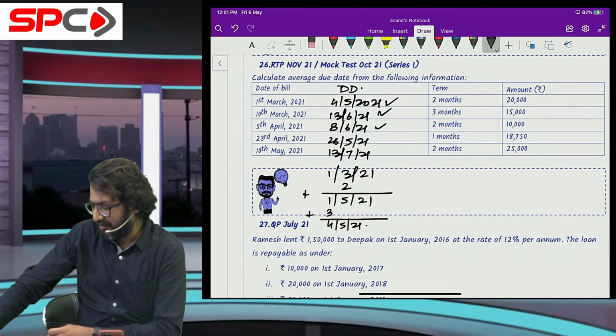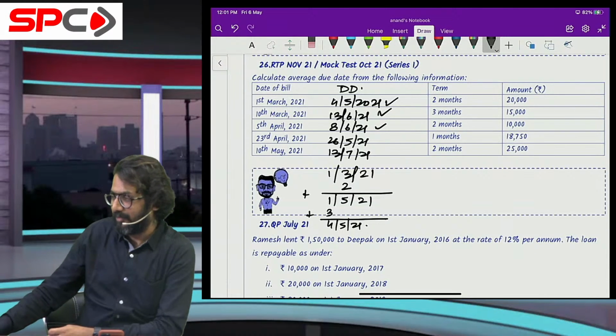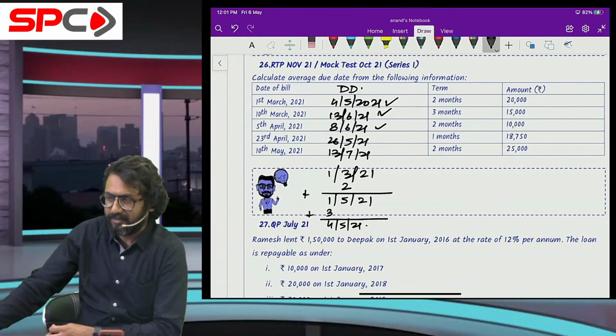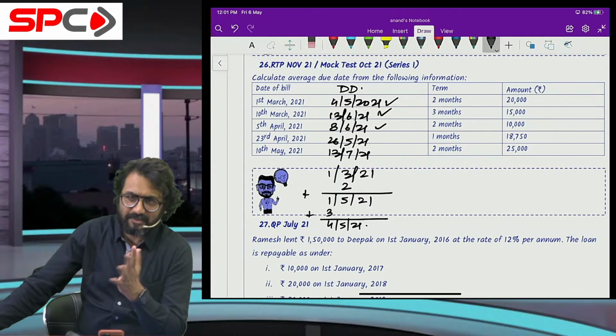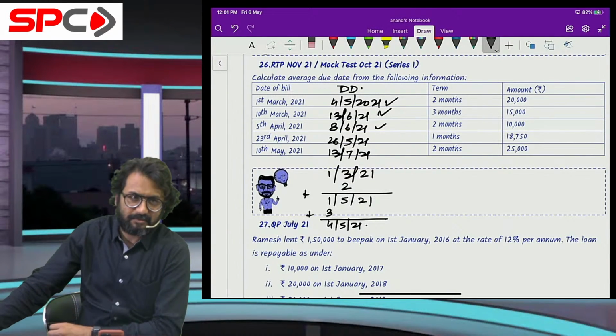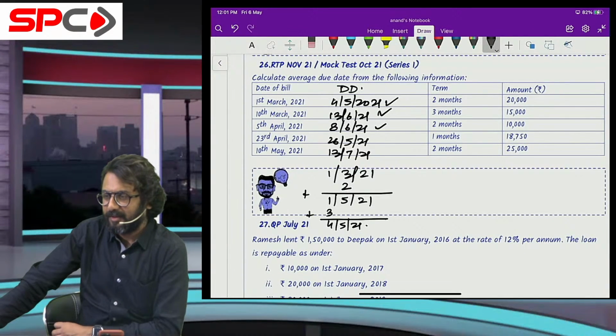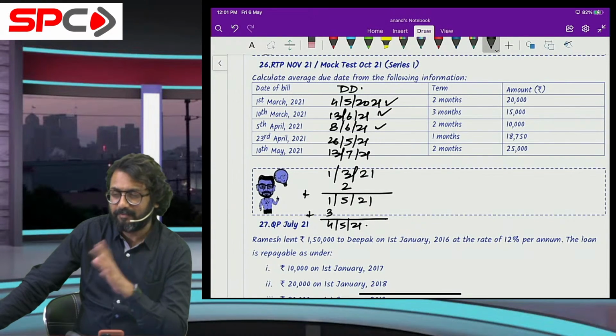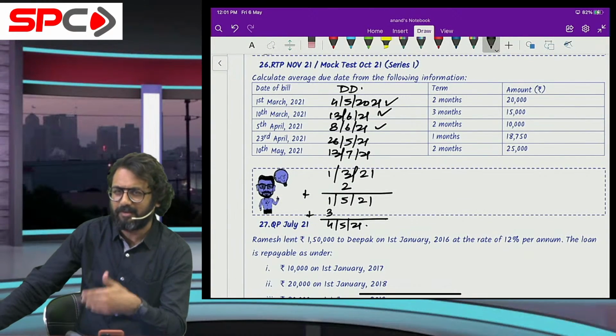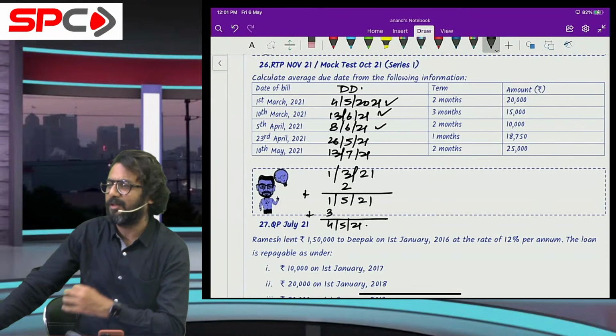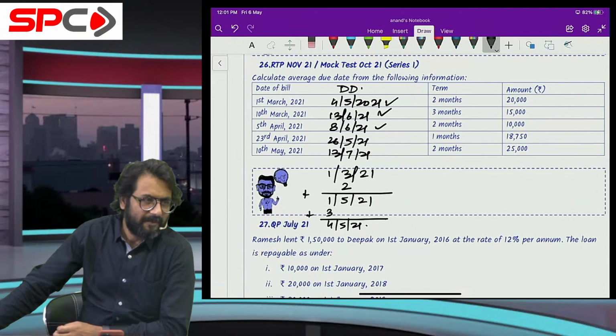I'll tell you. In CA, unless and until you are qualified as a CA, you are useless. Semi-qualified CA is not useful. CA, you get a lot of money. Semi-qualified, you won't get good money. So now what happens is you are only CA final, one group left. You keep giving attempts, but you are not able to clear it for whatever reason.